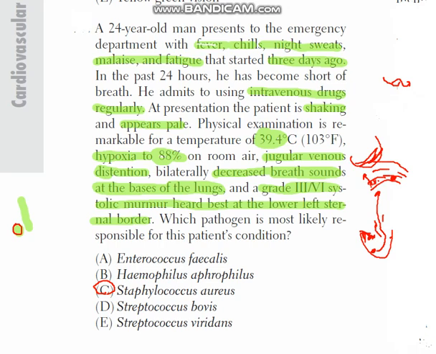In acute, the bacterium that commonly affects is Staphylococcus aureus, and in subacute, other bacteria like Enterococcus, Streptococcus bovis and Streptococcus viridans, which cause secondary endocarditis, affecting after some congenital abnormality or after a first attack of endocarditis.